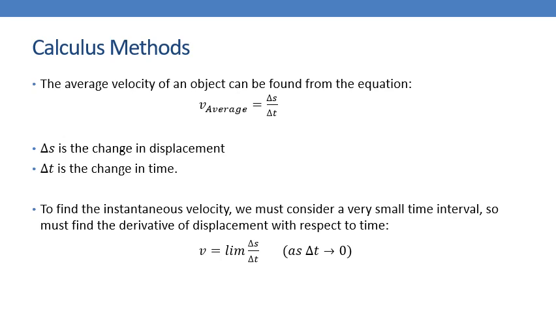So we reduce our time towards 0, and we get that v is equal to ds by dt. You should be familiar with the differentiation notation, although most of the time you will have been looking at functions of y and functions of x. But the same principles apply.